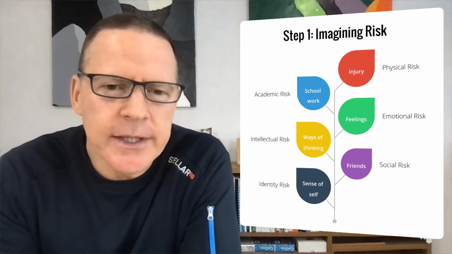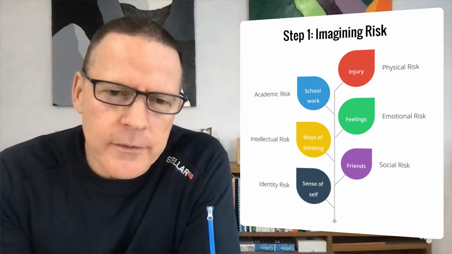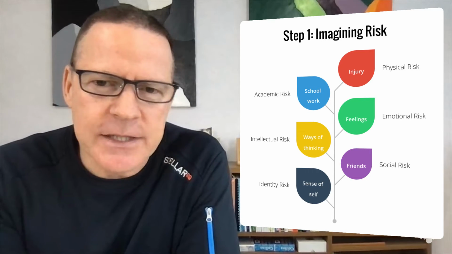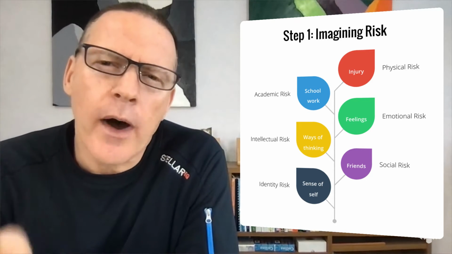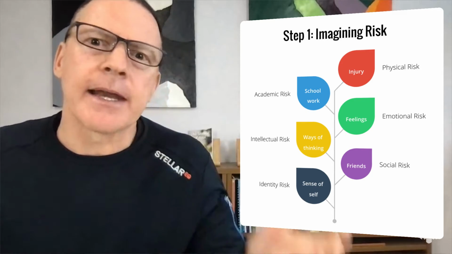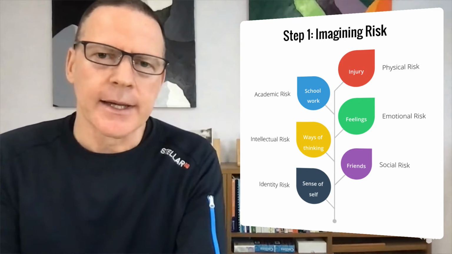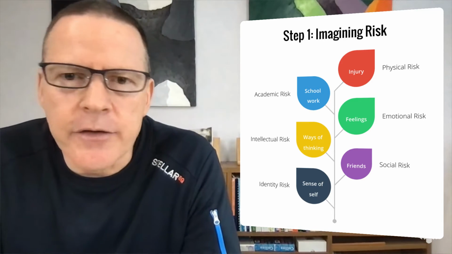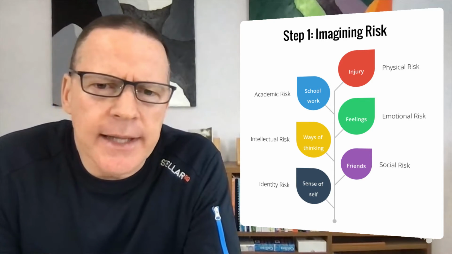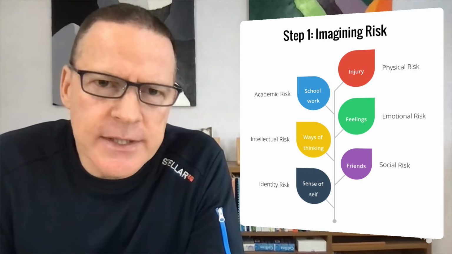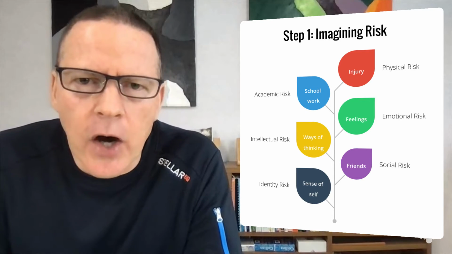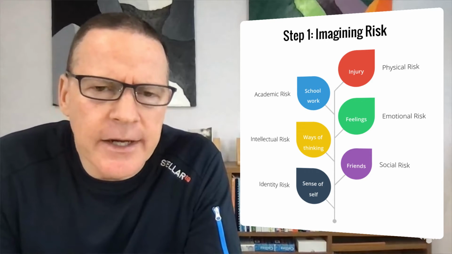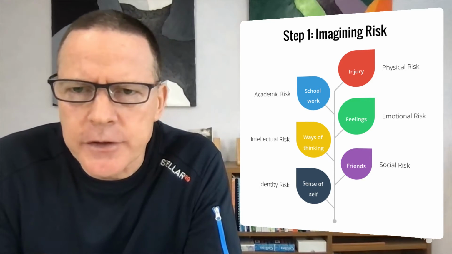So during the workshop we'll walk through a variety of these, and one of the challenges for us as parents is to consider an expanding variety of potential risks that we think about, going beyond the physical risk, and also the emotional and social and academic risks are ones that are fairly high on our radars generally, but this intellectual risk and identity risk are oftentimes not so much.